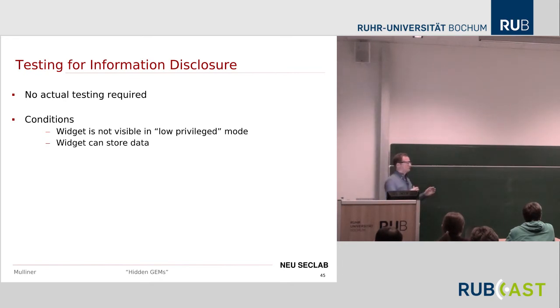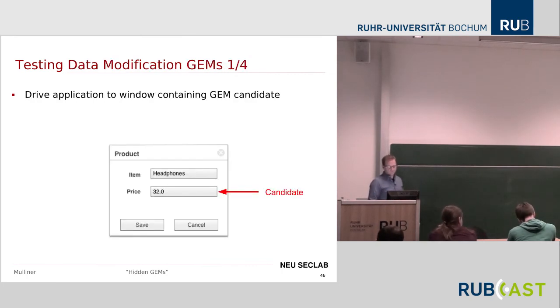For example, if you look at the window in high and low privileged user mode, and you see that in the low privileged user mode there's a hidden field which has some data in it, and we see in the high privileged mode this data is visible, then we already know, okay, since it's just invisible in our mode, we can set it to visible or directly read out the data, and then we can directly access it.